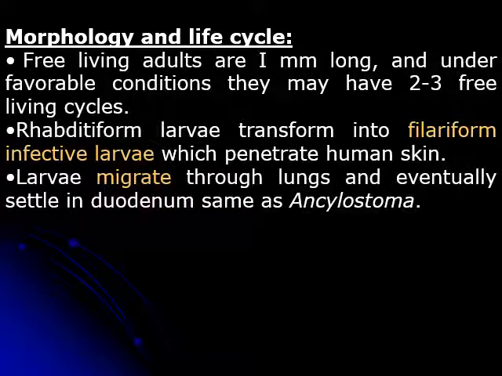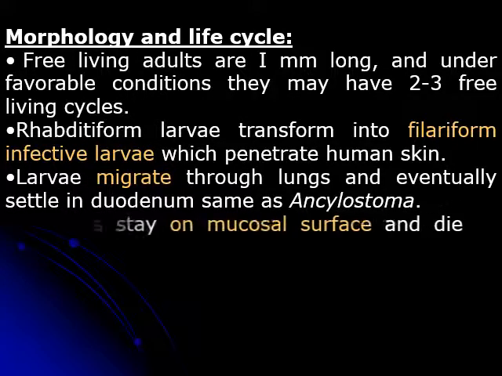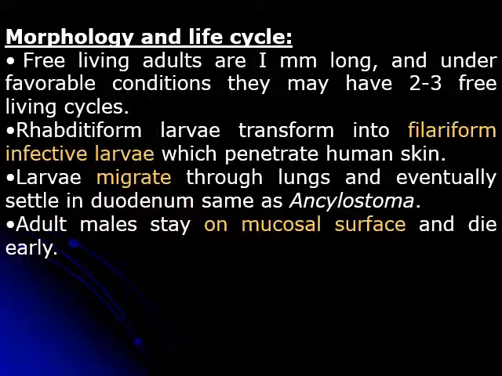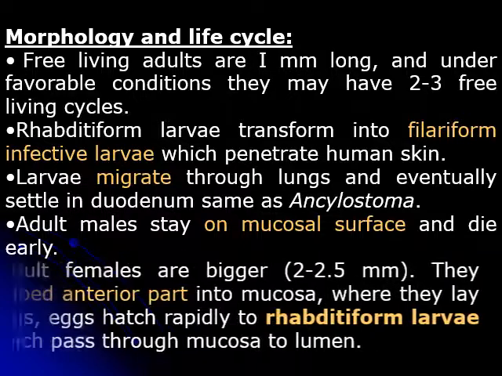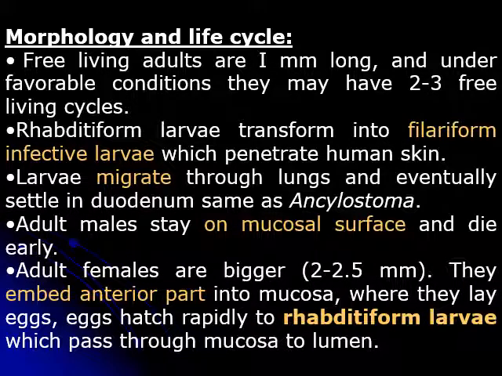Larvae migrate through the lungs and eventually they settle in the duodenum, same as in ankylostoma. The adult males stay on the mucosal surface and die early after fertilization of females, while the females are bigger, about 2 to 2.5 millimeters.